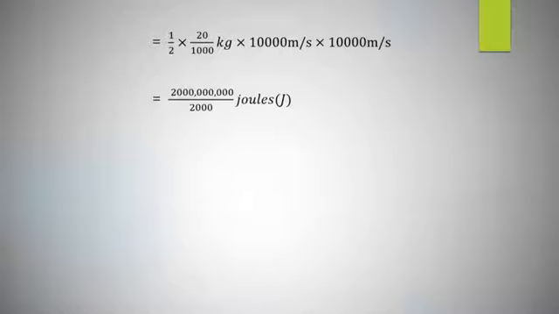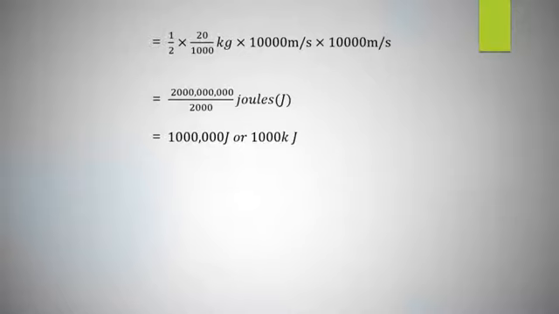So we cancel out the zeros, and the 2 divides the 2 up there, and we're left with 1 million joules, or 1,000 kilojoules. Now, do not be confused at this point. Remember, just as 1,000 grams give 1 kilogram, we also have 1,000 joules giving 1 kilojoule.